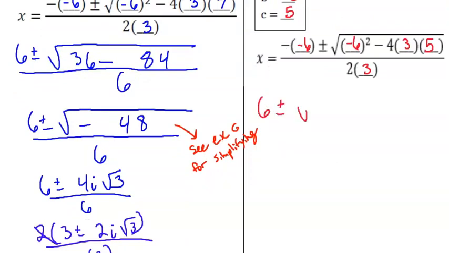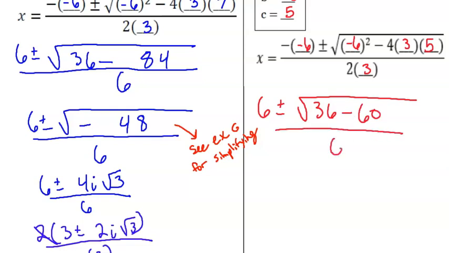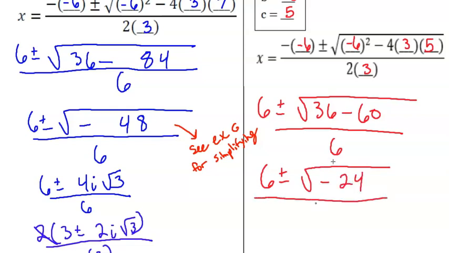We have 6 plus or minus the square root of 36 minus 4 times 3, which is 12, 12 times 5 is 60, all over 6. And then we can reduce that further. We have 6 plus or minus the square root of negative 24 all over 6.